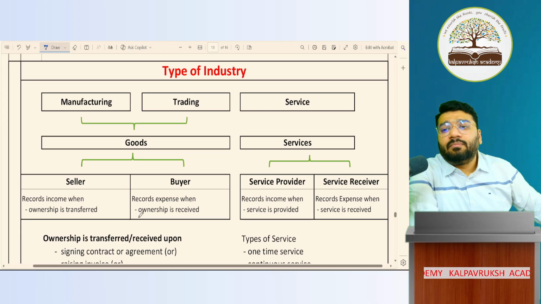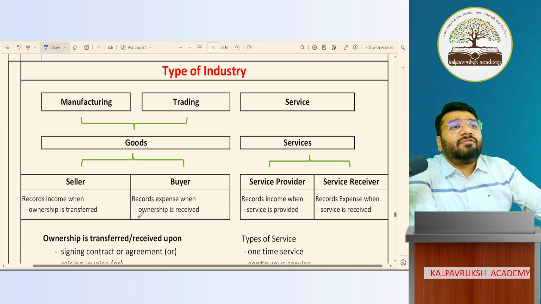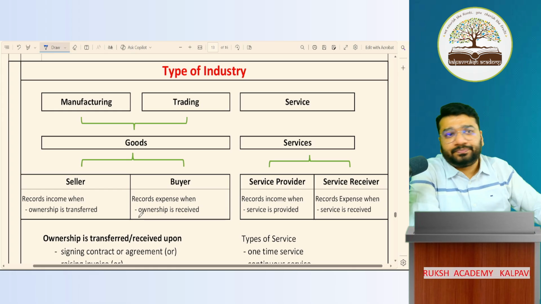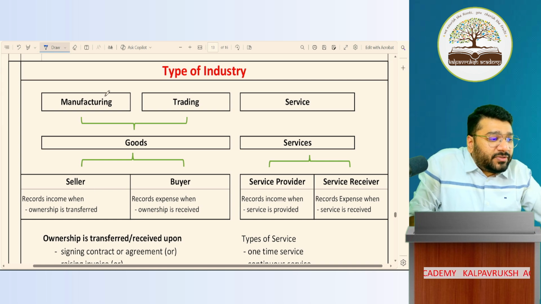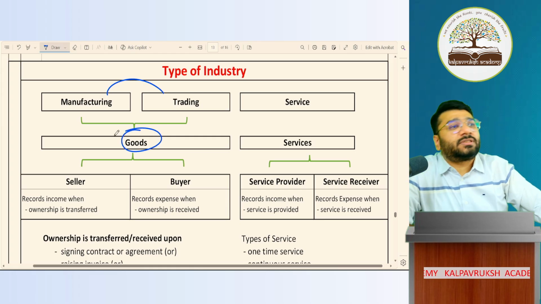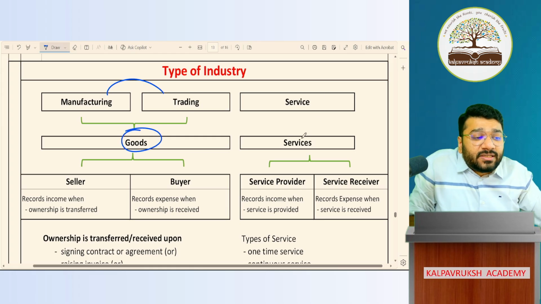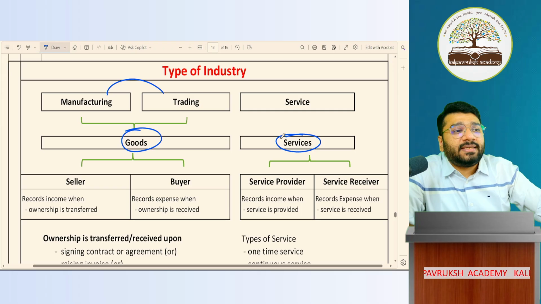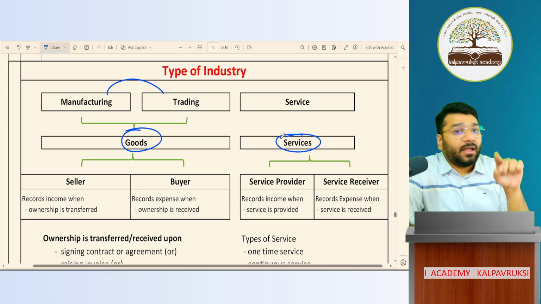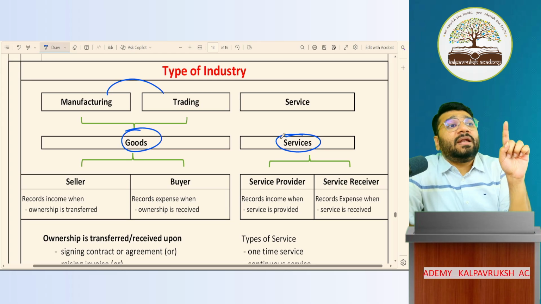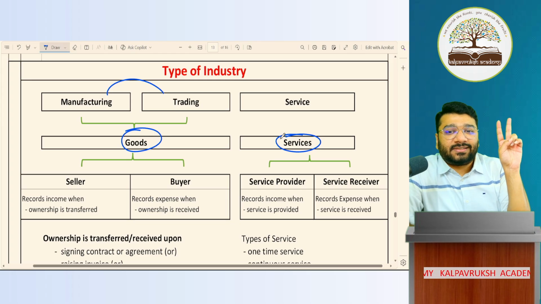We have three broad types of industry: manufacturing industry, trading industry, and service industry. Yes or no? Out of these three, two industries typically deal with goods, and the service industry deals with services. If you want to do business, not just in India but worldwide, either you can deal with goods or services.